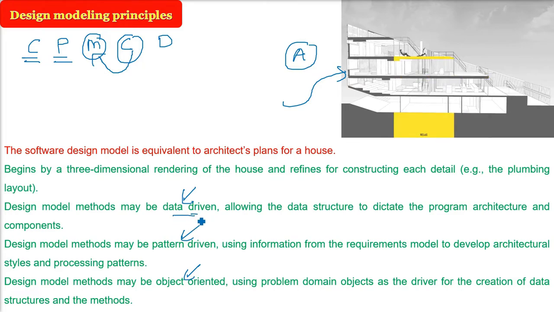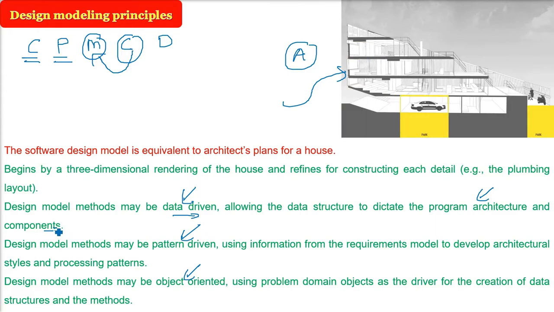In the background, the main driving force is your data. Then you start with the data structure as the pinpoint, and that data structure will dictate the program architecture and what the components are. So data will drive the design models.